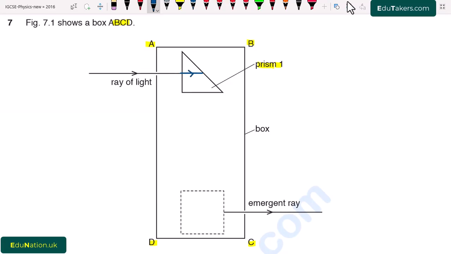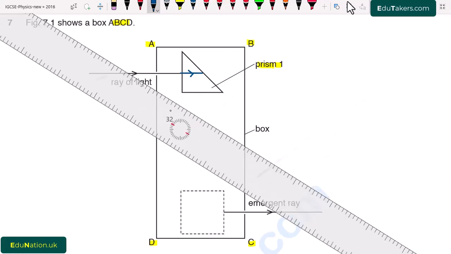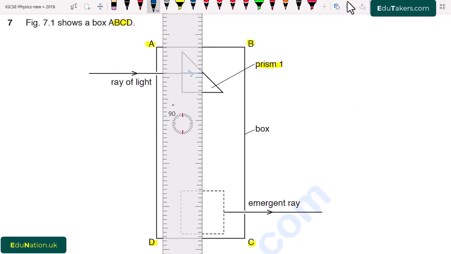Next, there will be reflection. So the light from the prism 1 falls on the box 2. Now I draw the path of this here.